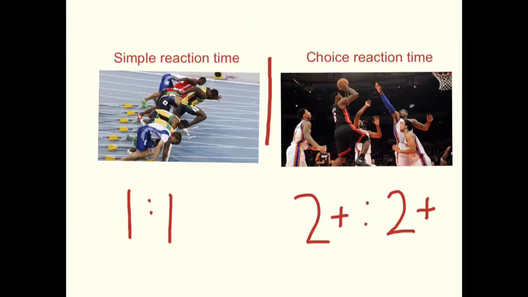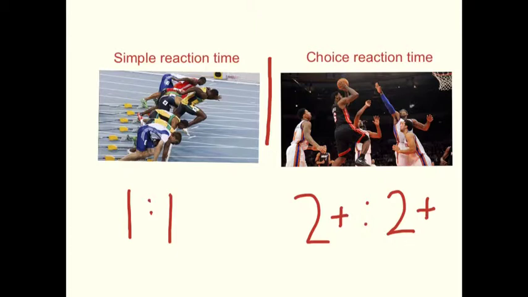Simple reaction time is where we have one stimulus and one response possible. So in the example on the picture, we have one stimulus, which is the sound of the gun going off, and the one response, the start of the sprint race. Choice reaction time is where we have two or more stimuli and two or more possible responses.